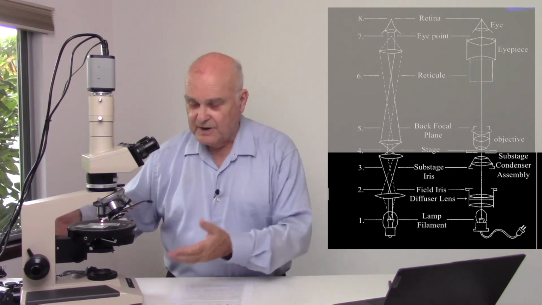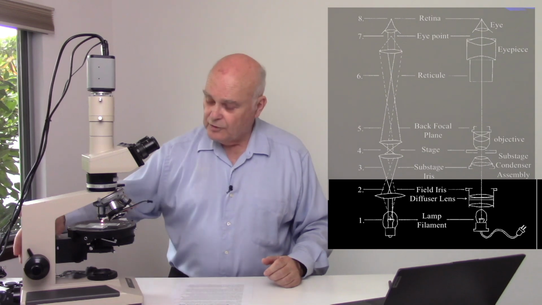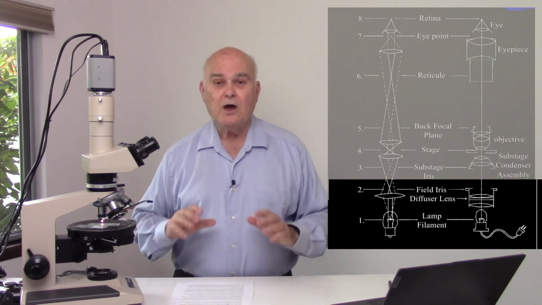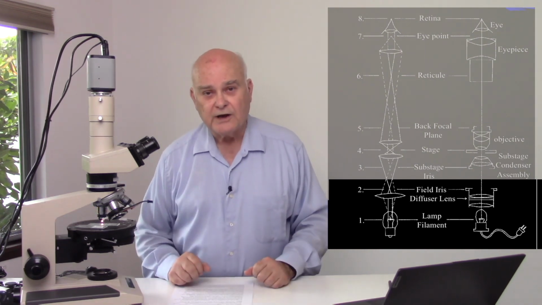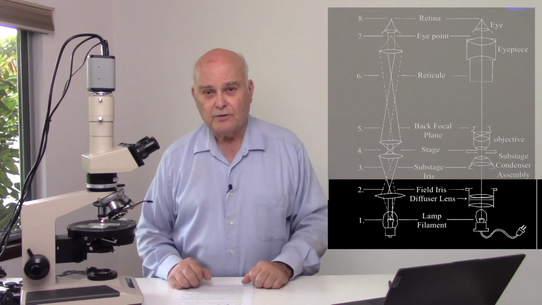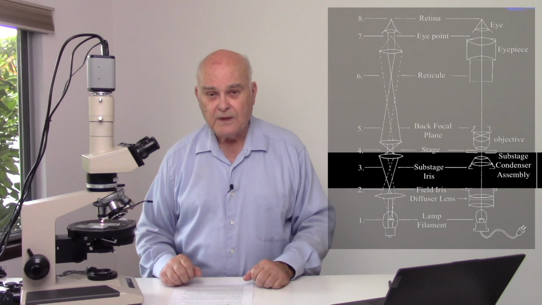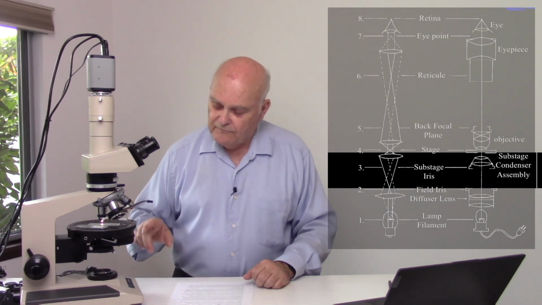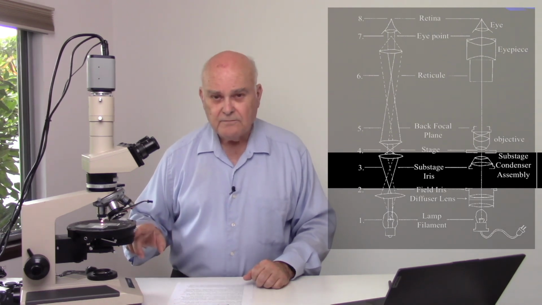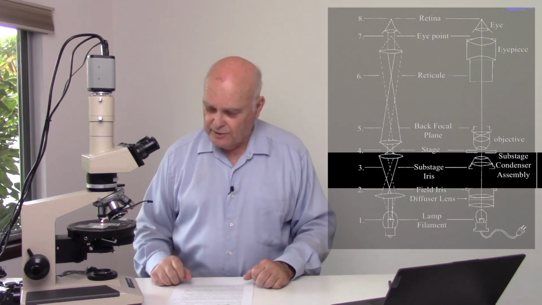Now, in the base of the microscope, focal plane 1 and focal plane 2 are already in the right position for Kohler illumination. So we don't have to worry about adjusting that. But focal plane 3 is the one that we are critically interested in. That has to be in the right position in order to optimize the image of the object.